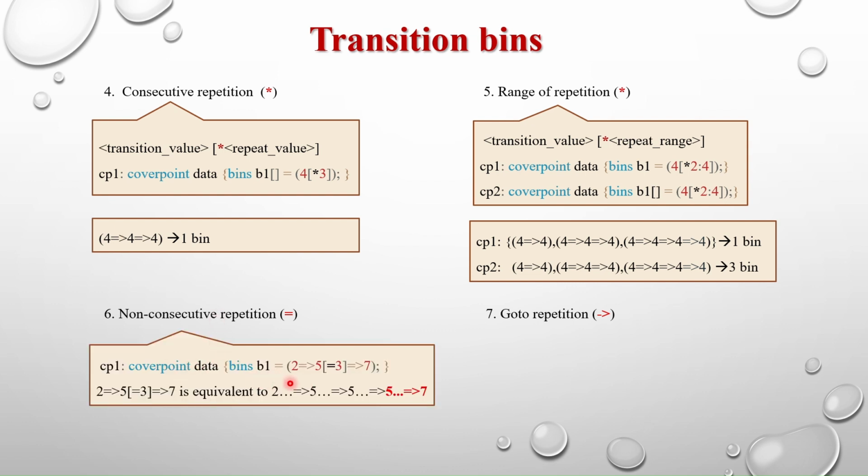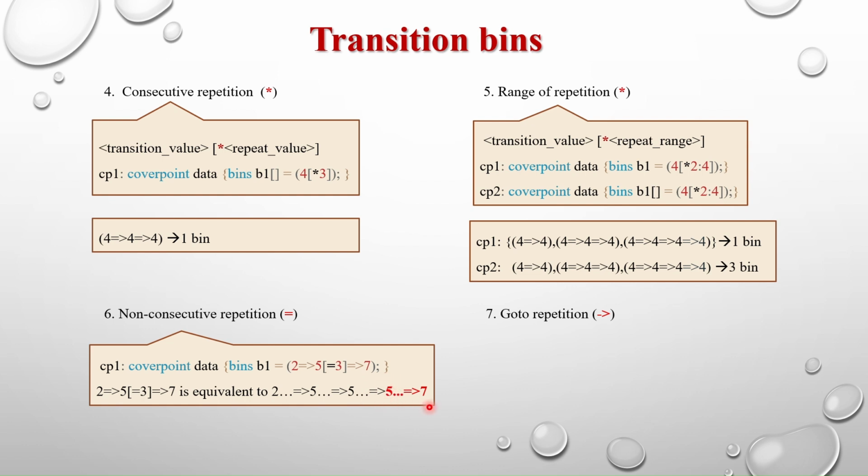You see here 2, after that 5, and I'm repeating 5 3 times in the non-consecutive order by using this operator, and 7. So this is equivalent to this one. After 2 any value can come, then 5 has to repeat 3 times in the non-consecutive order. See, these dots are nothing but any value it can take. After 5, 3 can come, 4 can come, any value can come, again 5, and again any value can come, again 5.